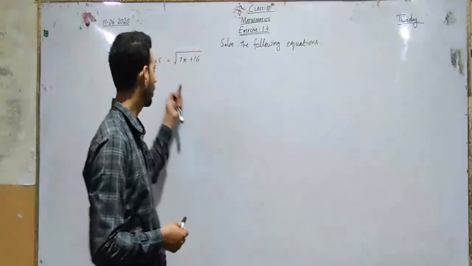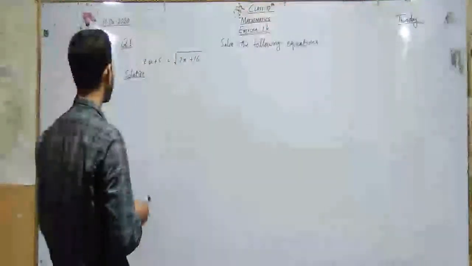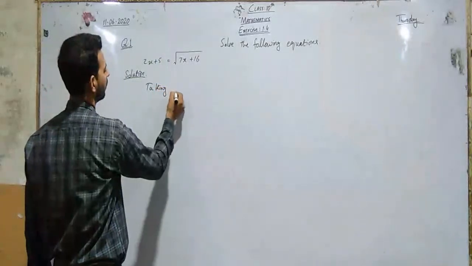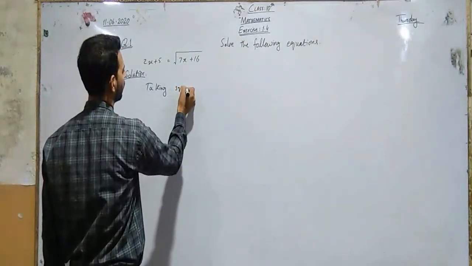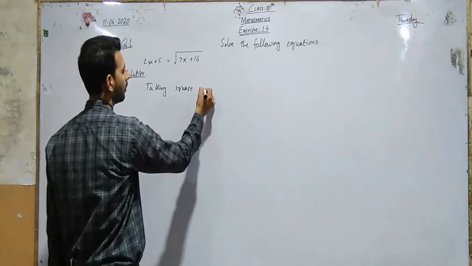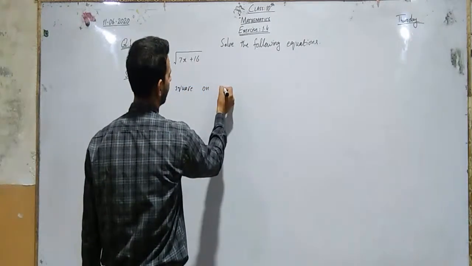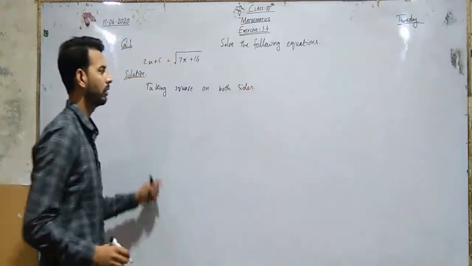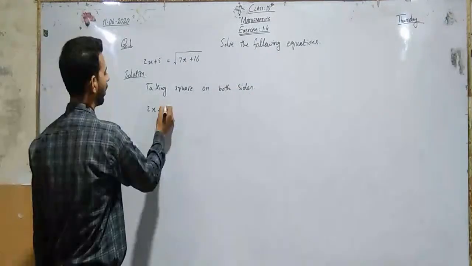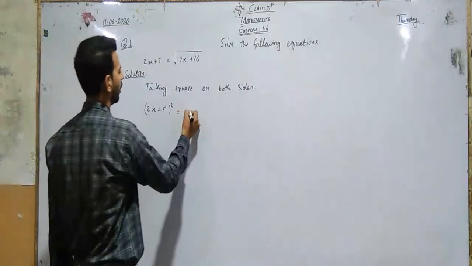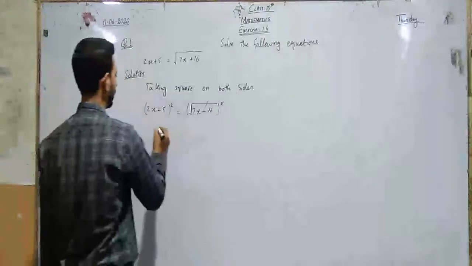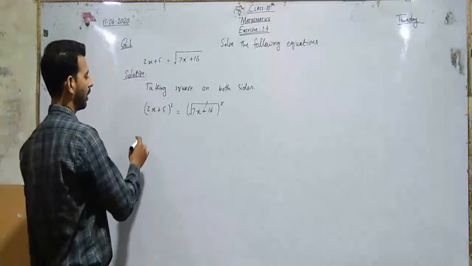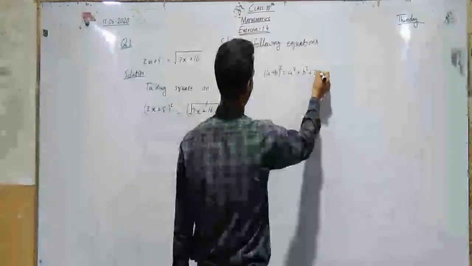So we will take square on both sides. All squared is equal to all squared, and we use the formula for the square of a plus b, which has 2ab.